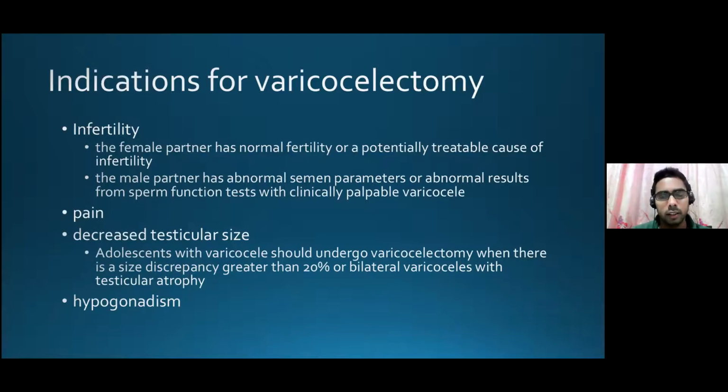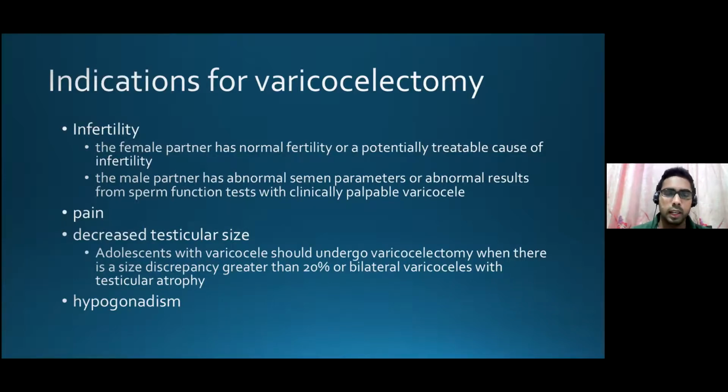And the other requirement is, as I described earlier, the varicocele has to be clinically palpable in this male partner. So if these criteria are fulfilled, infertility or subfertility is considered as an indication for the varicocelectomy.